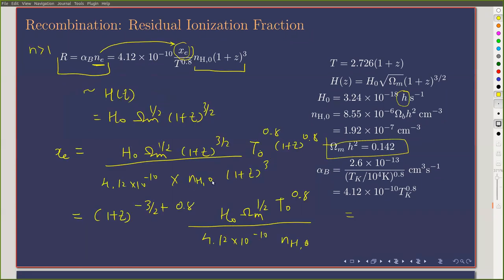I already calculated the redshift fraction, and that remains. So you will have some redshift dependence, but the rest of the things will get calculated. What we basically want to do eventually is, given the redshift, calculate what xe is. So the redshift factor will still remain. Calculate it in terms of redshift.